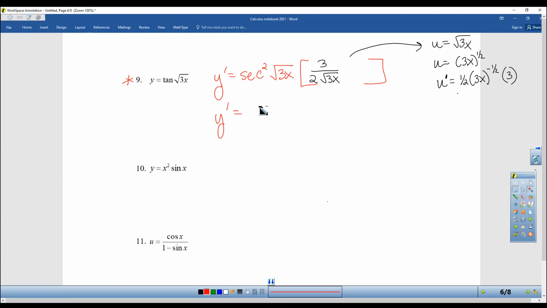So this, as a final answer, would be 3 secant squared of the square root of 3x over 2 square roots of 3x. And again, these square roots of 3x cannot be canceled. One is stuck with the secant squared. Very, very challenging problem, number 9.